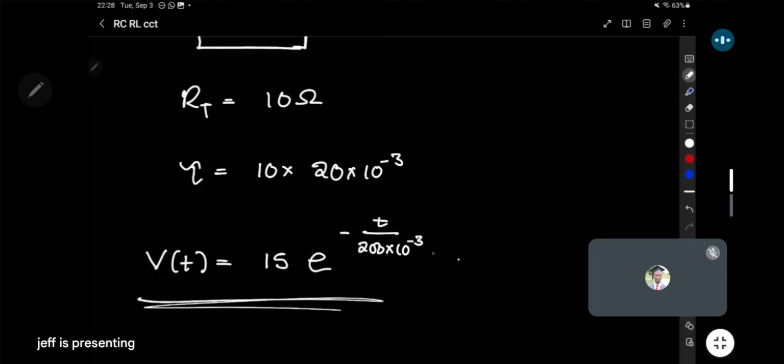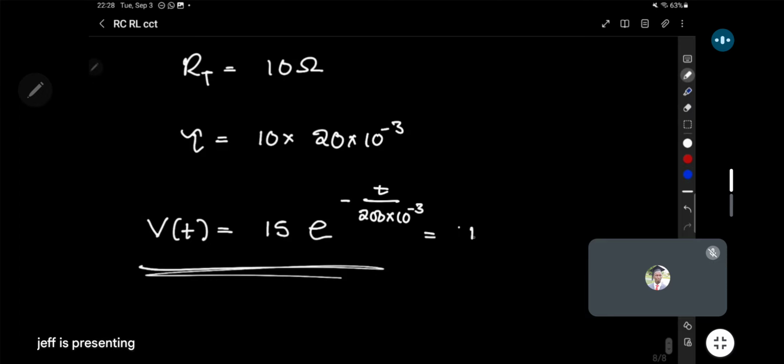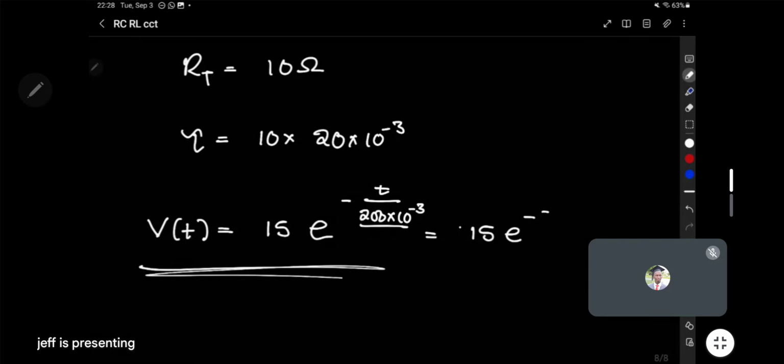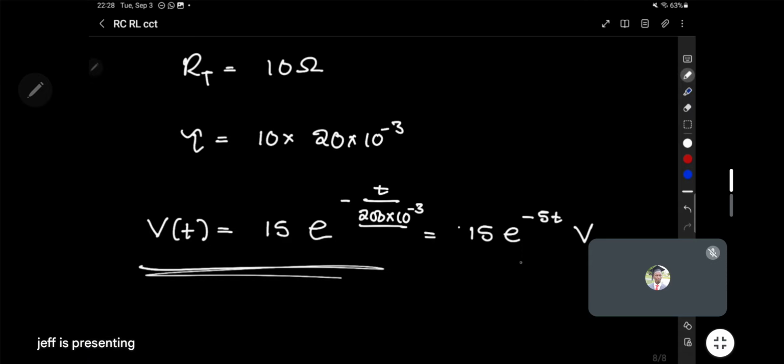Of course, this will be the same as just 15 e to the minus t over 0.2. The 0.2 divides into 1, just becomes minus 5t. So this will be the voltage response from that capacitor.